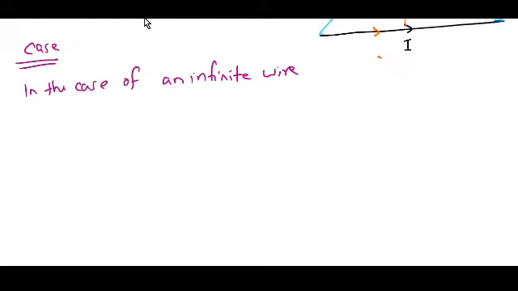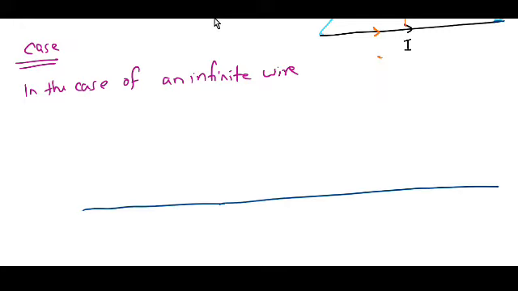If this is an infinite wire, we need to find out the magnetic field at a distance s from this wire. Then our expression is B is equal to mu 0 I by 4 pi s into sine theta 2 minus sine theta 1.